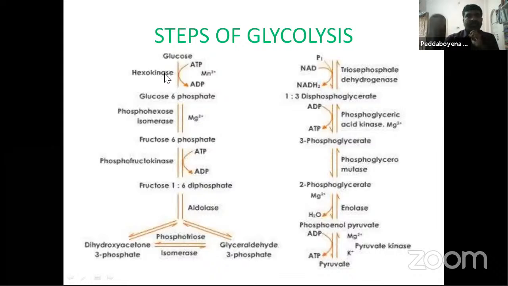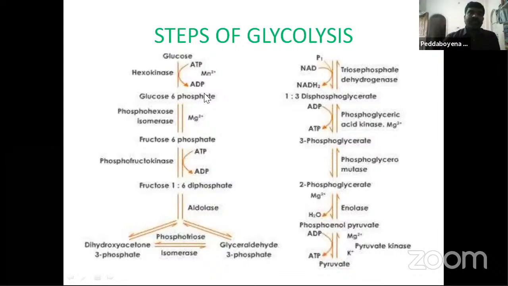In this reaction, ATP is converted into ADP. A phosphate from the ATP, adenosine triphosphate, is added to glucose, so it is converted into glucose 6 phosphate.